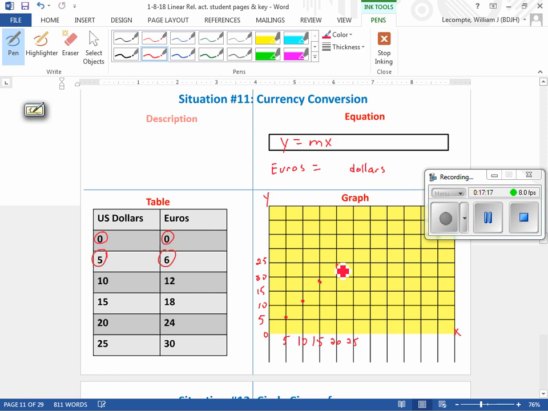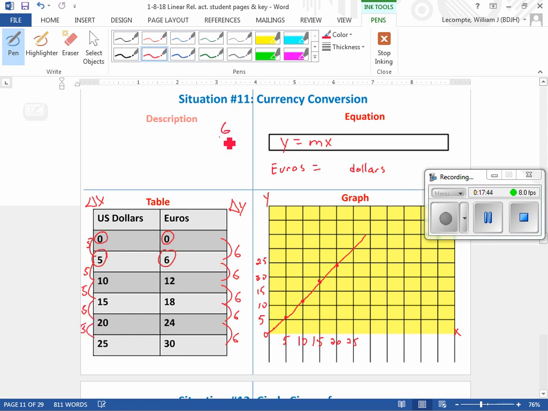But we still don't know what we're multiplying by. So we have to do what's called the change of y over the change of x. So the change of y over the change of x, which is 5 over here, and 6 on the other side. So we're doing 6 over 5, which is actually 1.2.